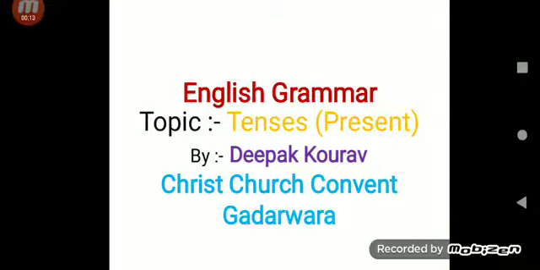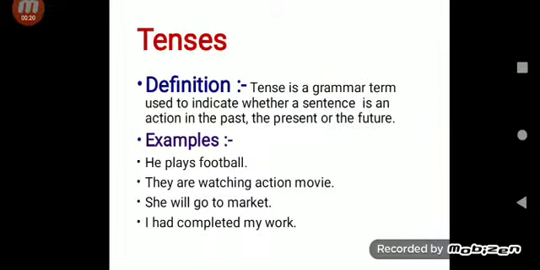Today I am explaining present tense. Before explaining present tense, I want to explain all tenses. So let's see the definition of tenses.